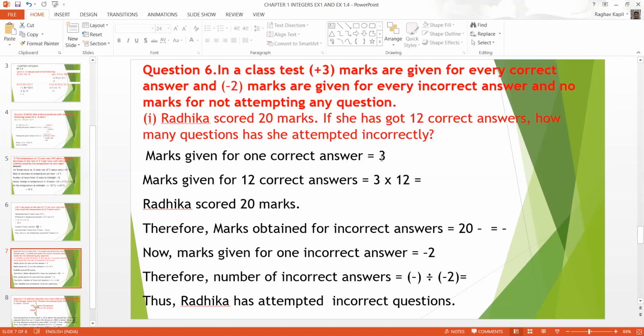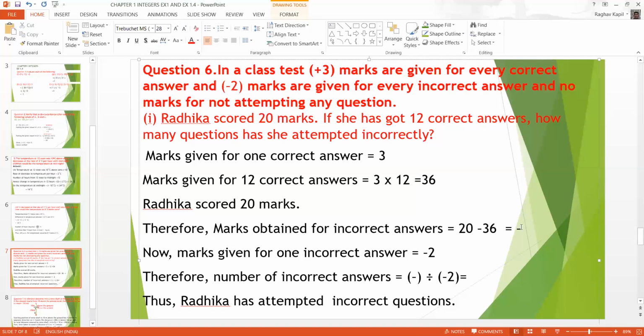Marks given for a correct answer is 3. And she has given 12 correct answers. So 12 threes is what? Total is 36 she has got for the correct answers. But here it is given that Radhika scored 20 marks. Therefore, marks obtained for incorrect is what? Total she got 20. And correct was 36.